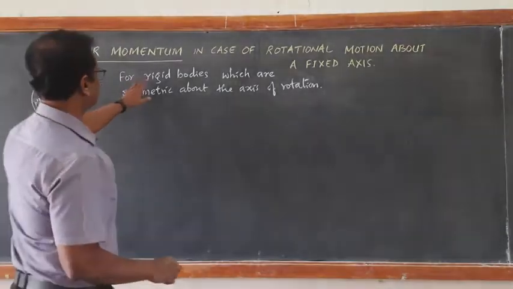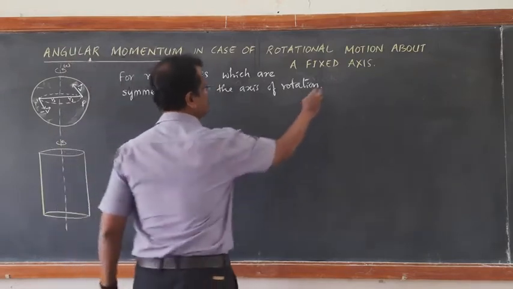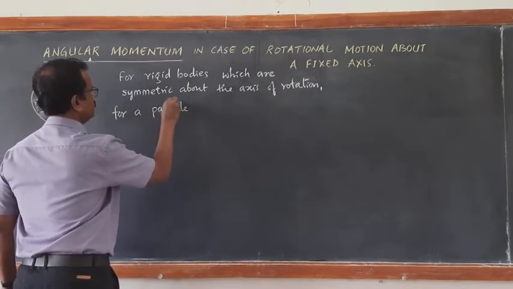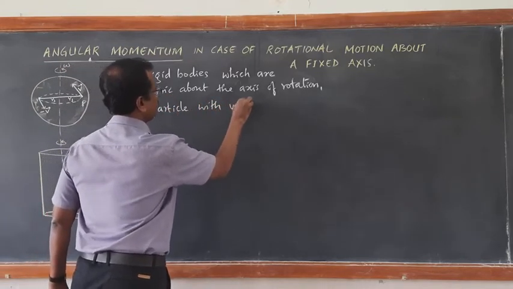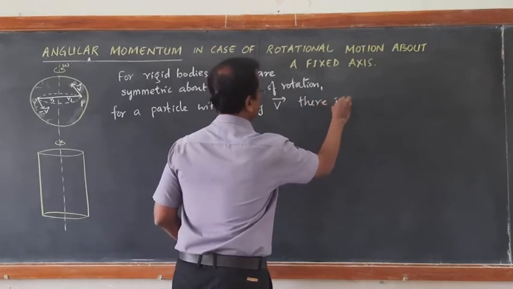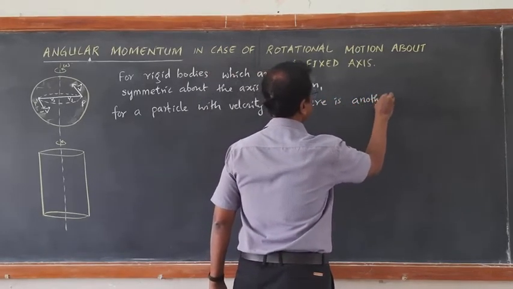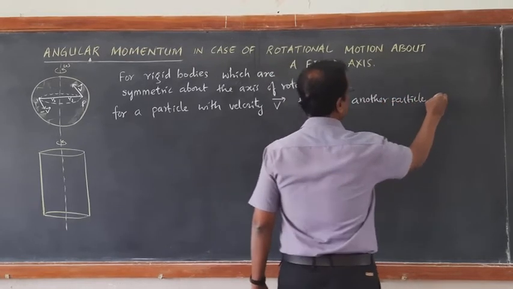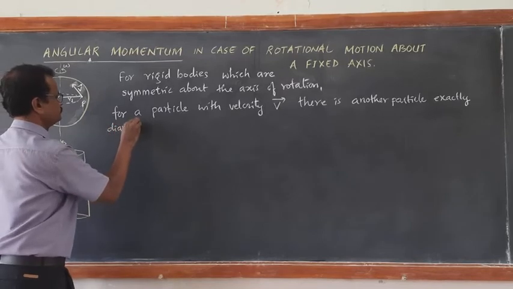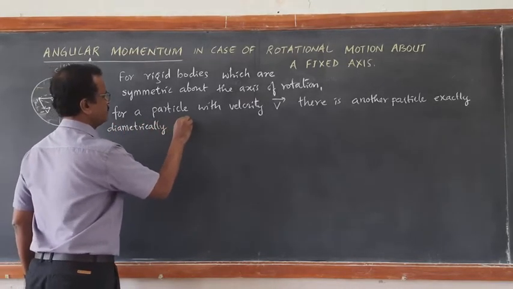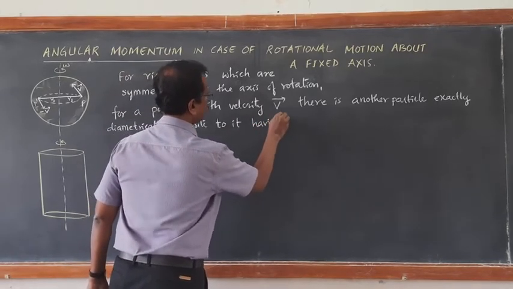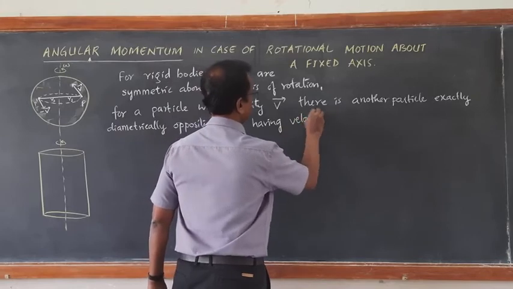diametrically opposite. So for rigid bodies which are symmetric about the axis of rotation, for a particle with velocity v vector, there is another particle exactly diametrically opposite to it, having opposite velocity, minus v vector.